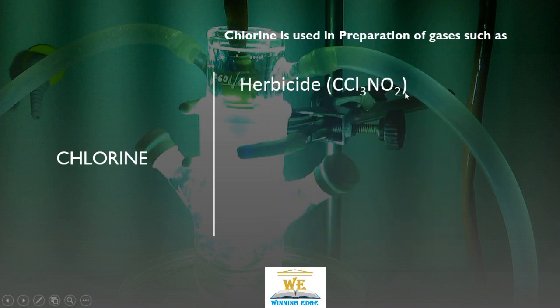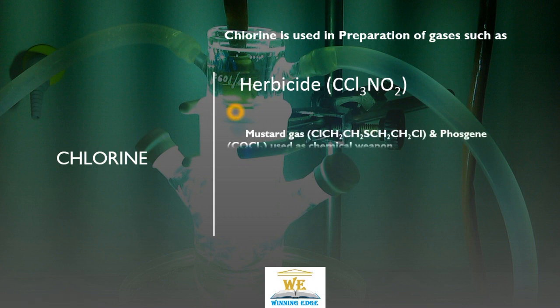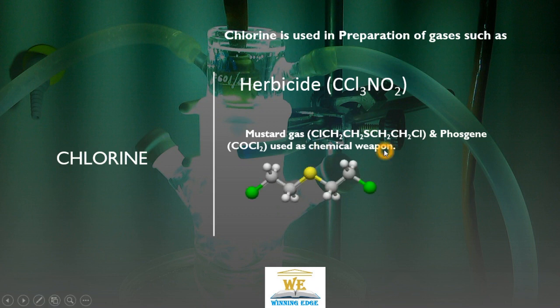It is used to make chloropicrin, CCl3NO2, known as a herbicide. Mustard gas, which is a chemical weapon, was used on multiple occasions in different parts of the world. Phosgene is extremely poisonous, COCl2.